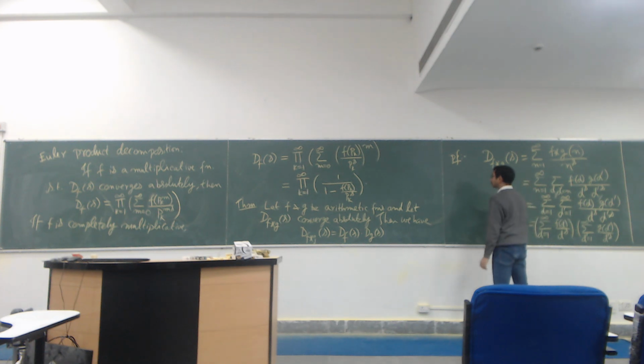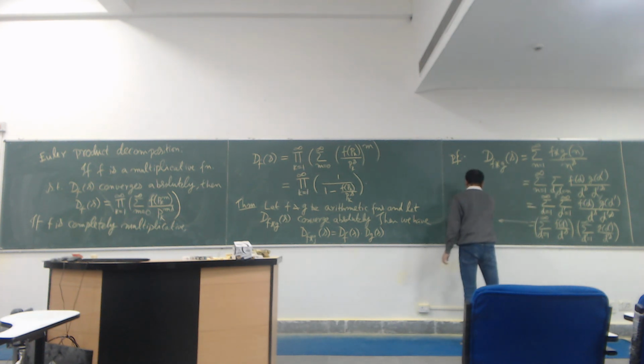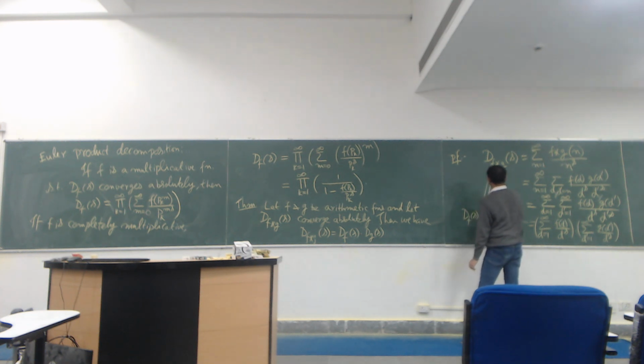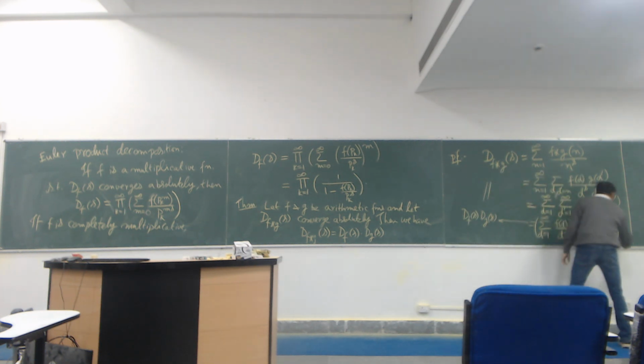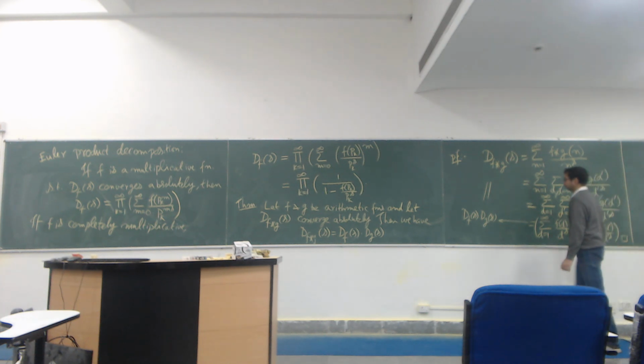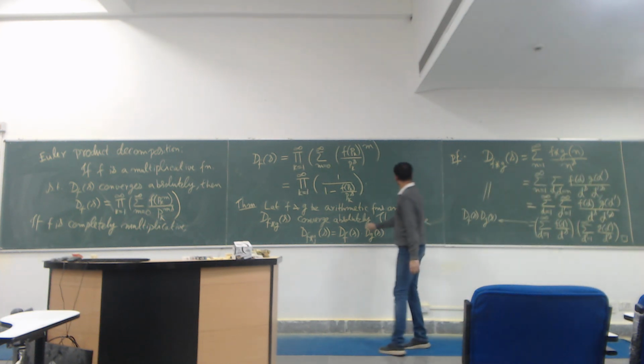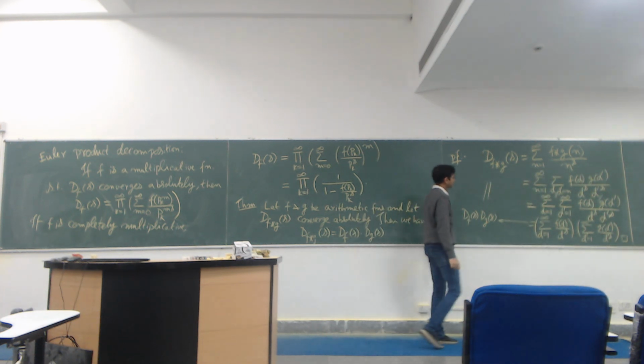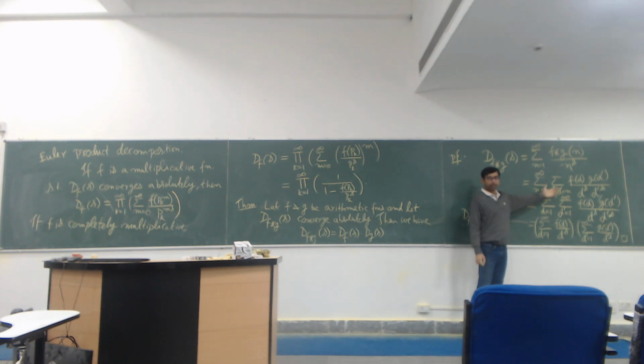So that is equal to D_f(s) times D_g(s). So we proved that these two are equal, and we just used the absolute convergence to switch this sum.